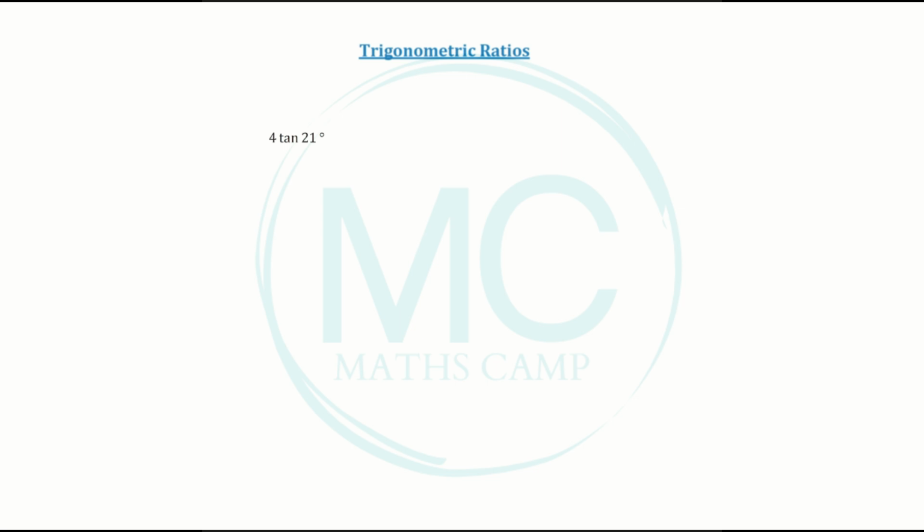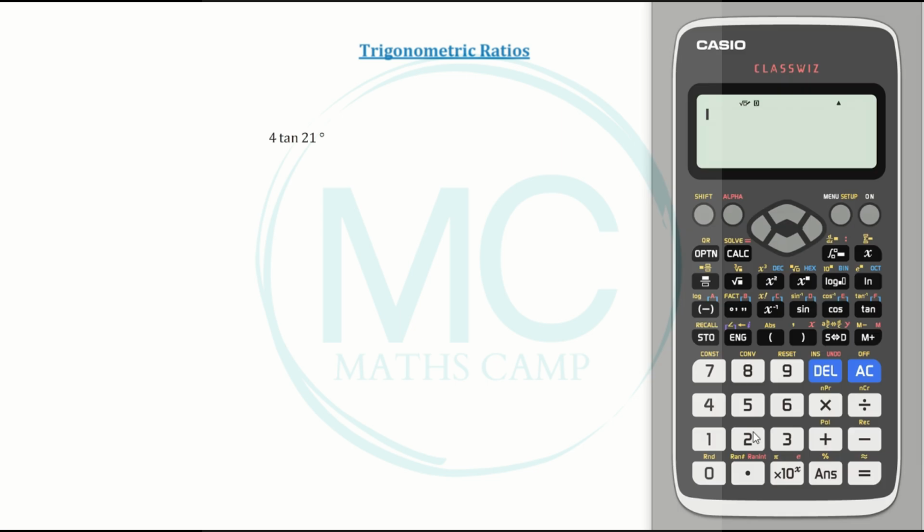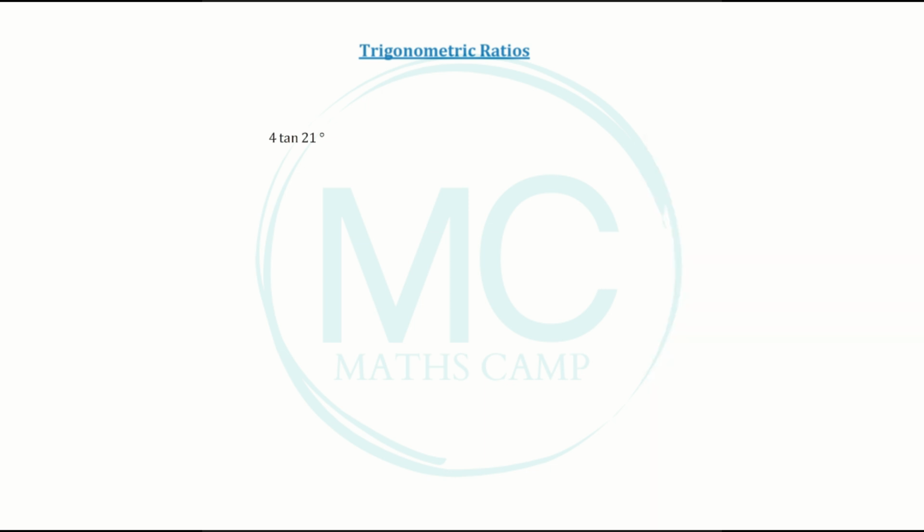Here we are multiplying the tangent ratio by 4. So in our calculators, we can say 4, and you don't have to put in your multiplication sign. All we do is we say tan 21 is equal to, and we get an answer of 1,535, round off to 2 decimal places, and we get an answer of 1,54.